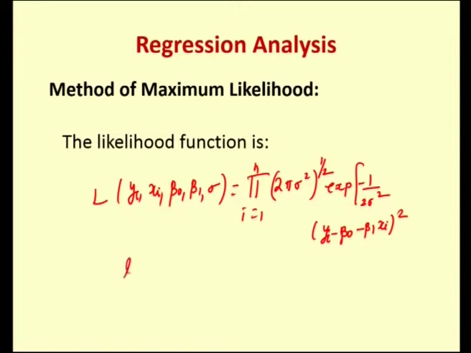We can take log L and differentiate log L partially with respect to beta naught and beta 1, equating to 0, and we obtain the maximum likelihood estimators for beta naught and beta 1.